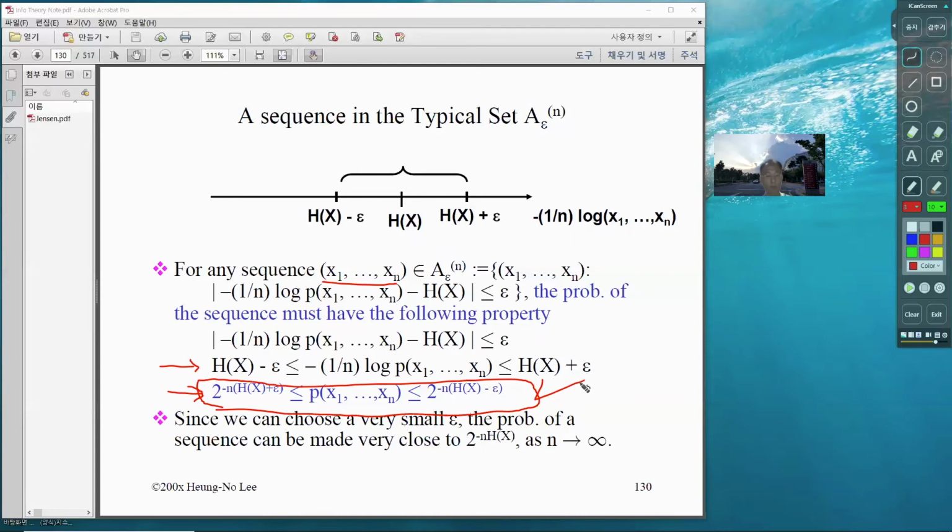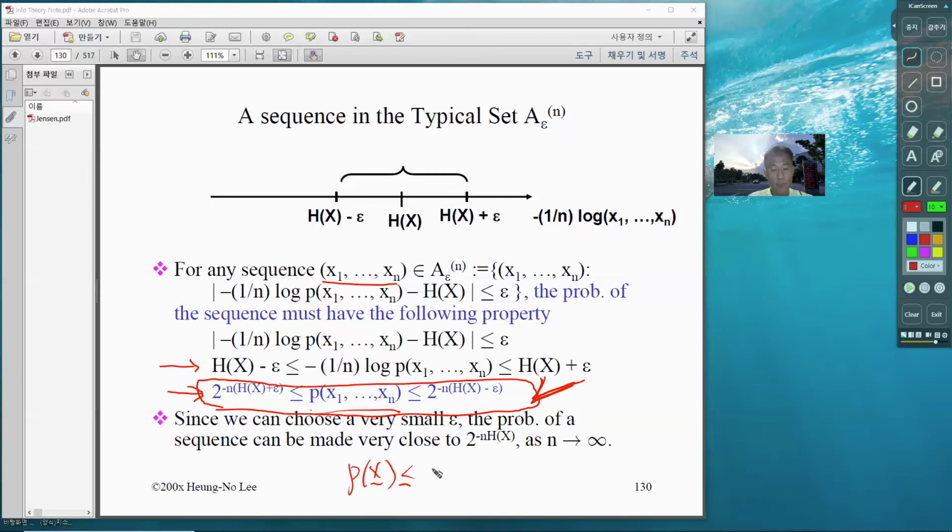The probability of a typical sequence must satisfy this. That is one thing we need to remember. In shorthand notation, I will use the probability of sequence X, with this vector written as X bar.